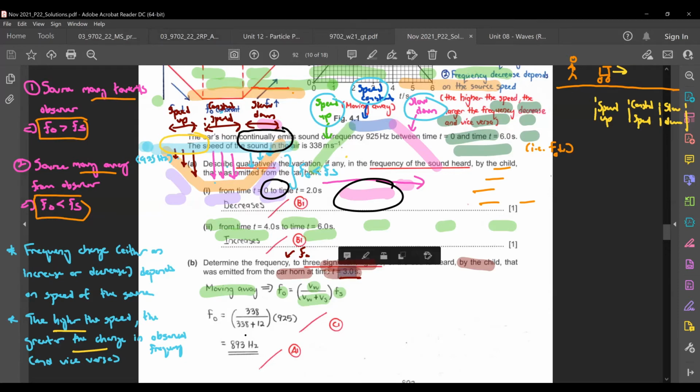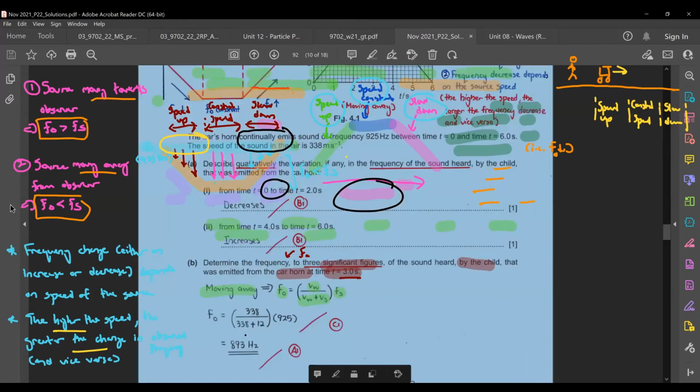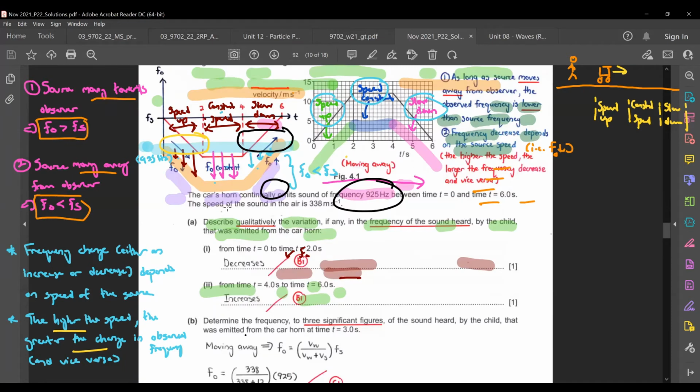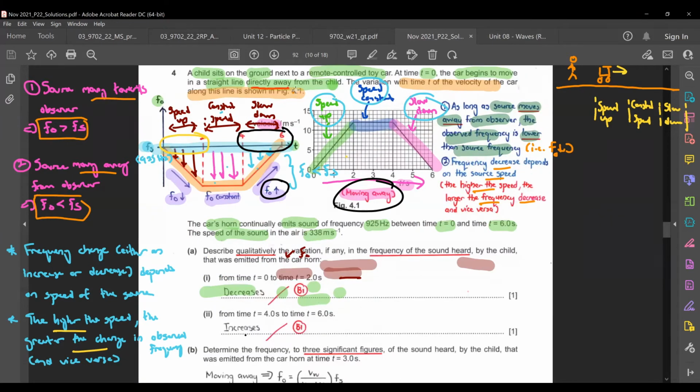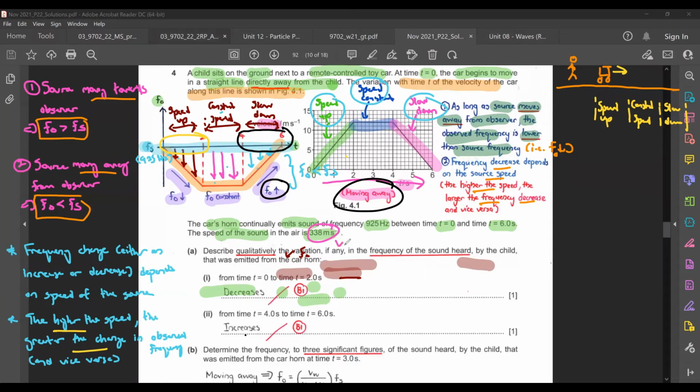At 3 seconds, find out what is the speed of your source. We already know the speed of the wave. If you just look at this one, the 338 meters per second is the speed of our wave. The 925 here is the frequency of our source.